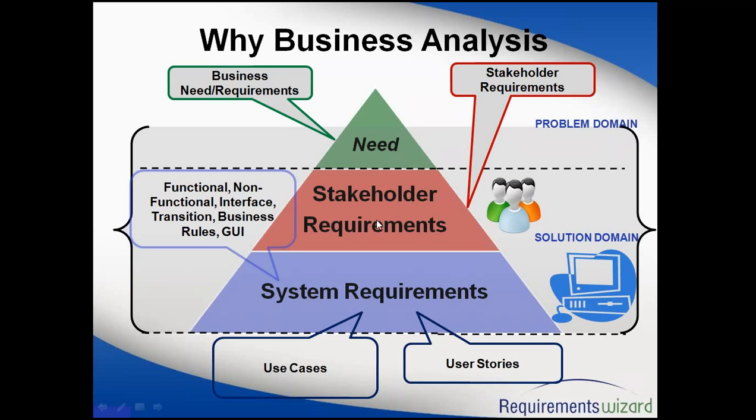Even at this layer, you're not really concerned about system application. You're more focused on what they need, but it's more specific than the previous layer. And they may simply state it in pure English statements, no technical language used.